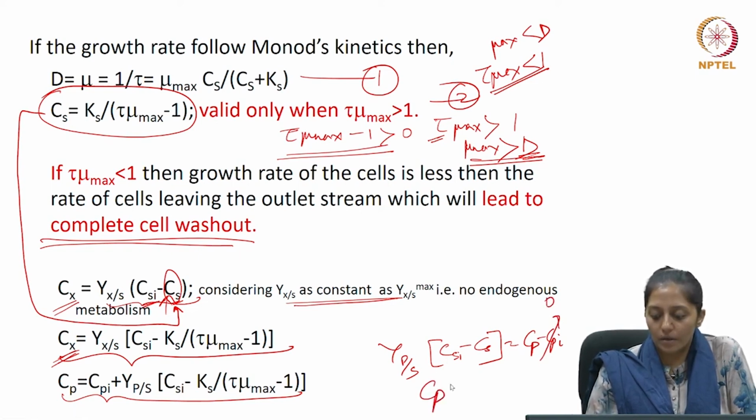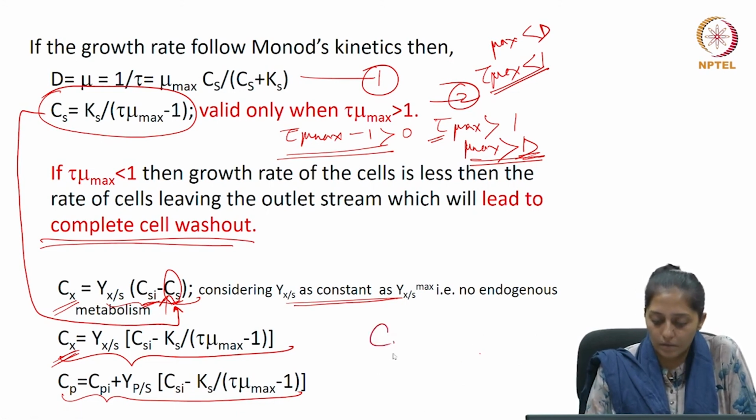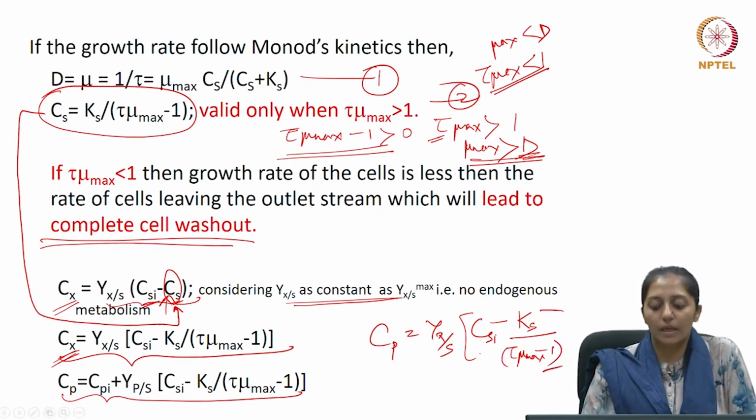So, your product concentration can be written as, let me read it again. Your steady state substrate concentration has been substituted like above. Then you can calculate the value of product concentration.